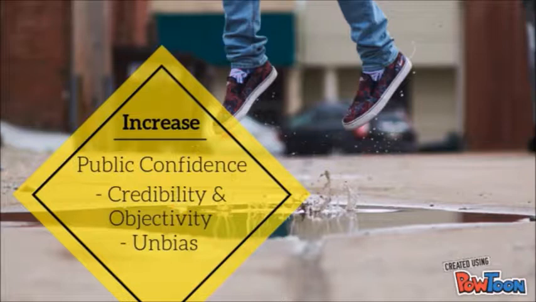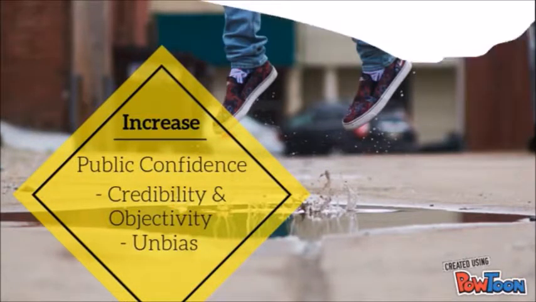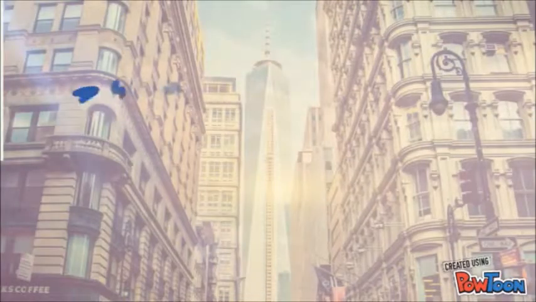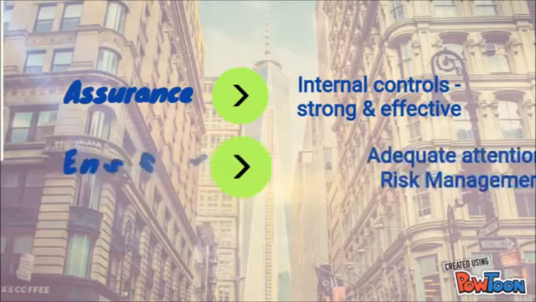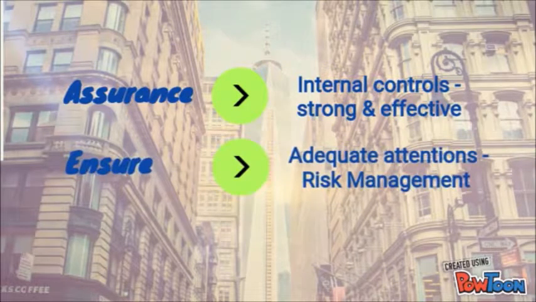Moreover, to ensure that the reports are free from biased judgment. Next is assuring the internal control of the company is strongly established and effective. Last but not least, ensuring adequate attention is given to the risk management of the organization.